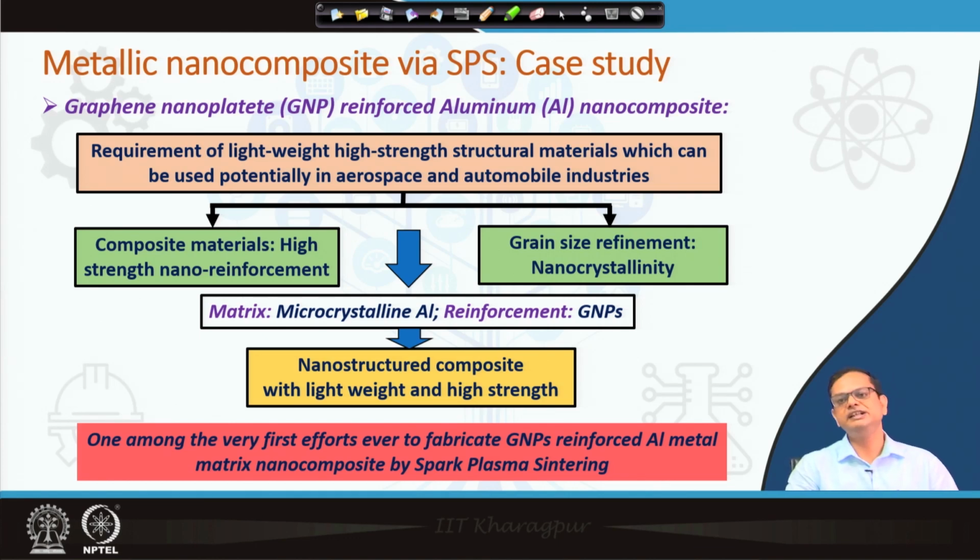So, composite strengthening, dispersion strengthening and very efficient load transfer. That is why these hard nanoparticles are used. You can increase the strength also by making the matrix nanocrystalline. That is what has been tried here, a nanostructured composite with light weight and high strength.